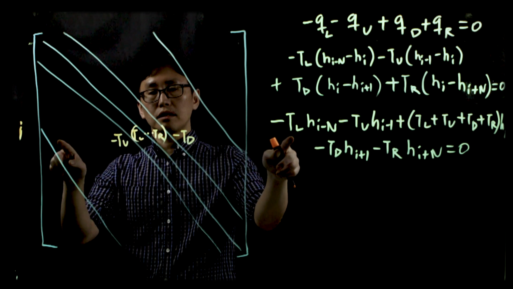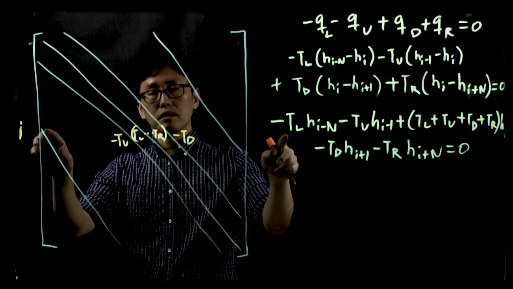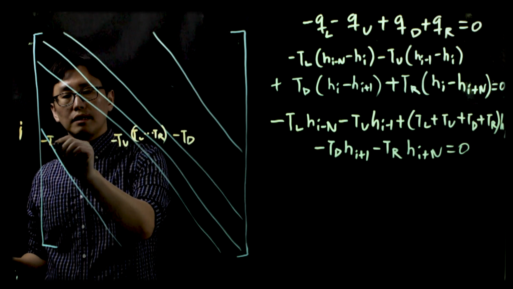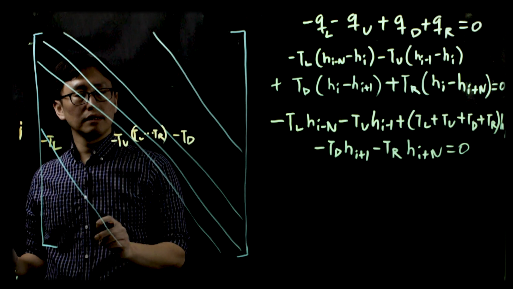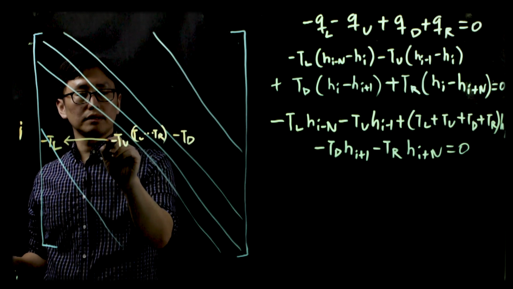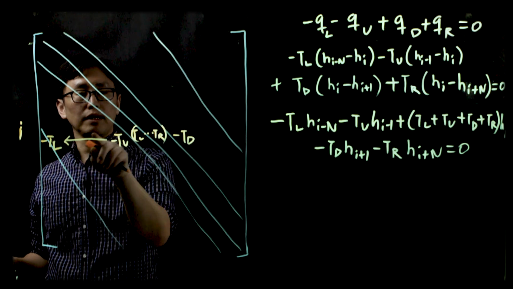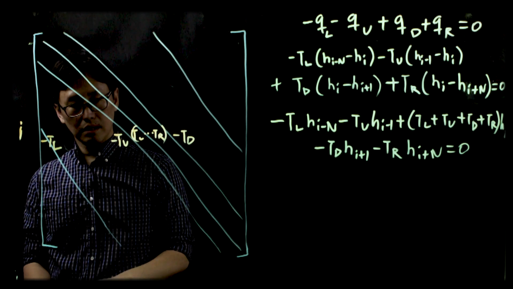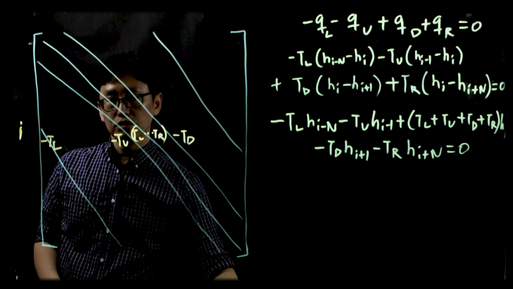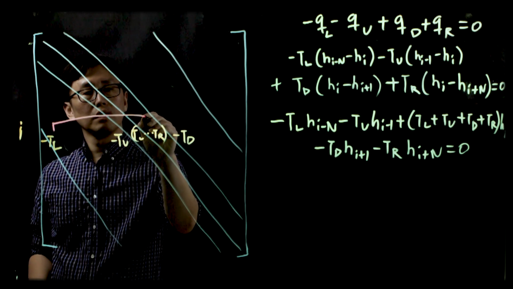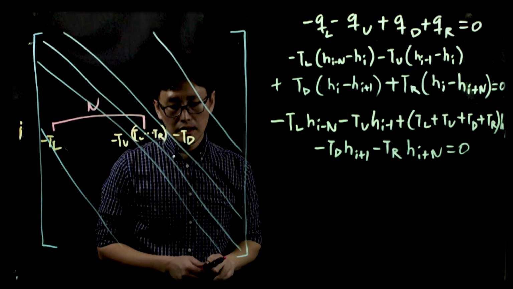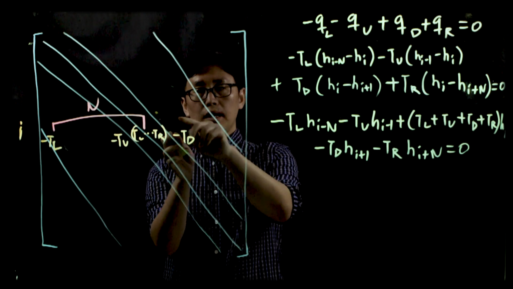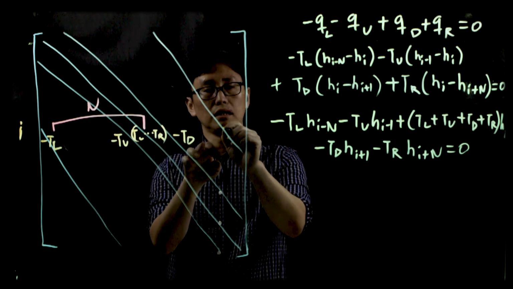And this TL term should be located where the location is corresponding to HI minus N, that is here, TL, and the span between this term and this diagonal term would be N, right? And here we have another off-diagonal term away by another N here, and that is TR.